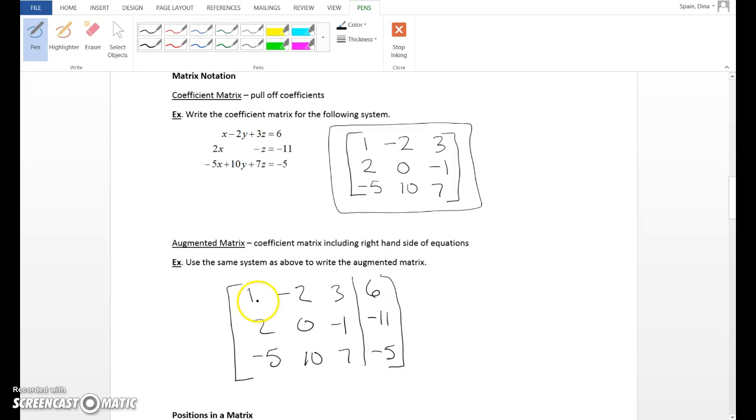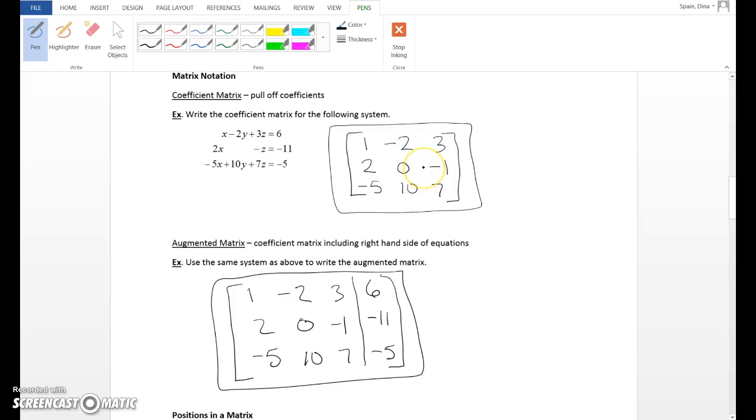This first row of that augmented matrix represents the first equation. This is x minus 2y plus 3z. Here's my equal sign, 6. That's how you read those off. So you should be able to, if they give you a system, first of all, write the coefficient matrix.